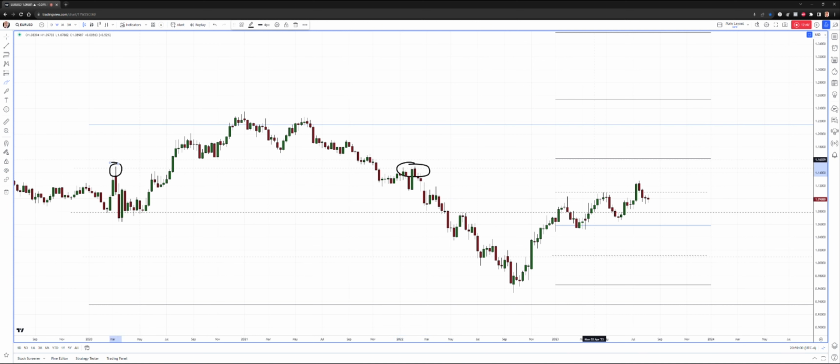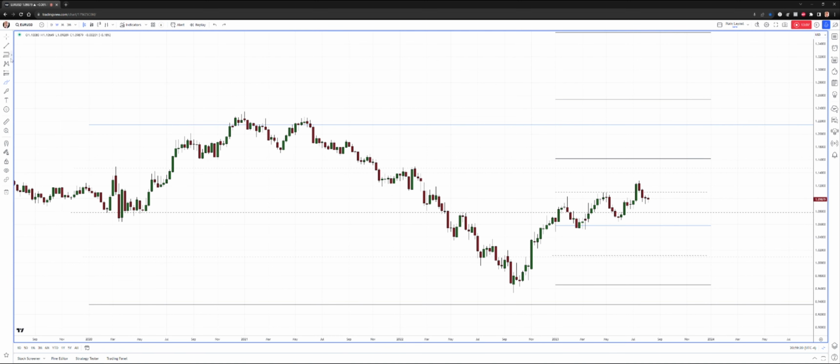Now there's another short-term resistance level all the way up here by 1.1600, which matches up with these levels here, and it matches up with this level over here. So what would I want to do?